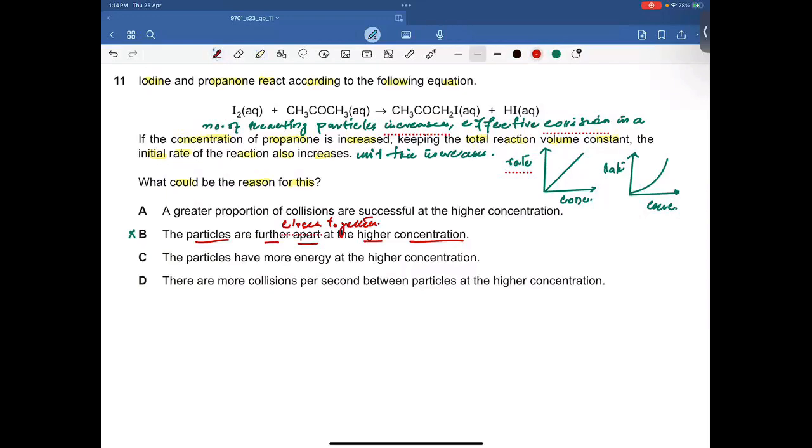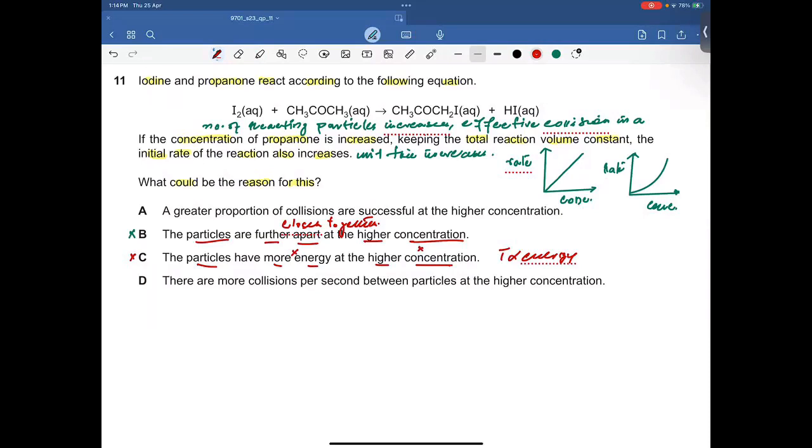Option C is also incorrect because it says the particles have more energy at higher concentration. Concentration has nothing to do with the energy. Temperature has an effect on energy because when temperature increases, kinetic energy increases, right? So concentration has no effect on energy. Temperature is directly proportional to energy, not concentration.